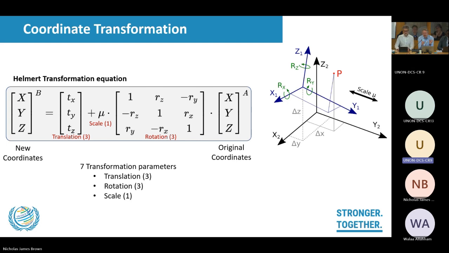And then the original coordinates are on the right-hand side. So that's the X, Y, Zs of the points in the original datum and the X, Y, Zs in the new datum. And then you can solve for those parameters in the middle of the translation, the scale, and the rotation.